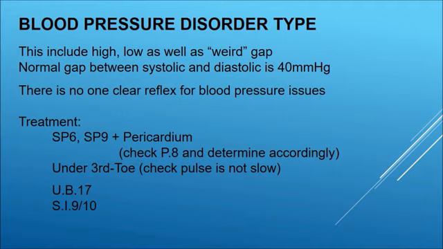If it is painful, needle pericardium 3 and 5 on that side. If pericardium 8 is not painful, choose between pericardium 6 and pericardium 4, which for us is 3 fingers below pericardium 3. On the back, use UB17 and small intestine 9-10.